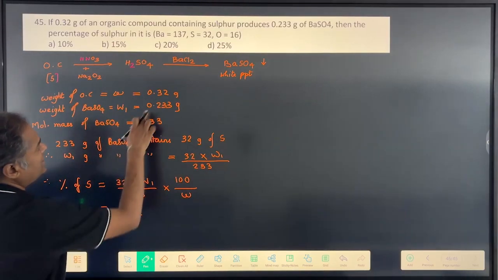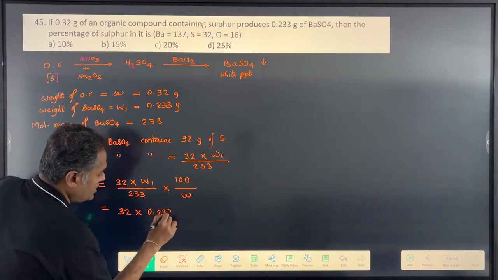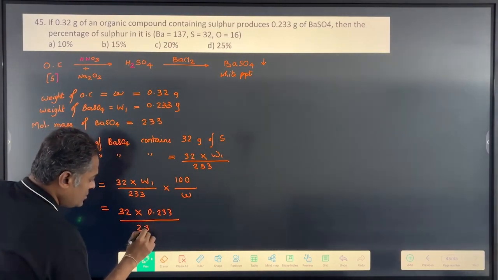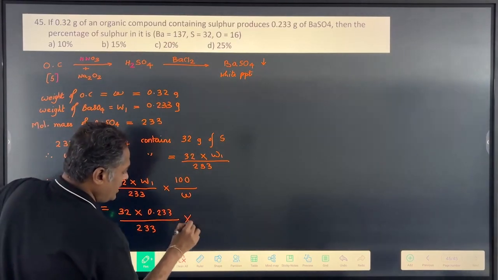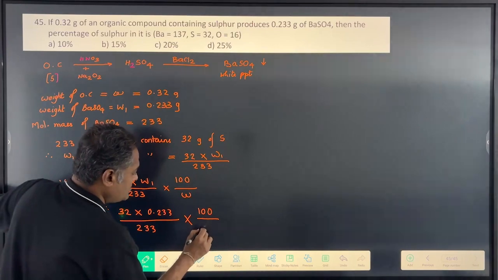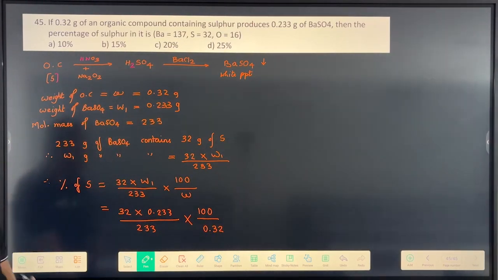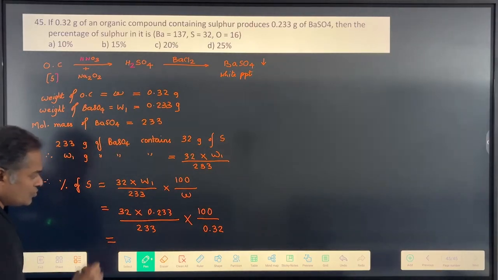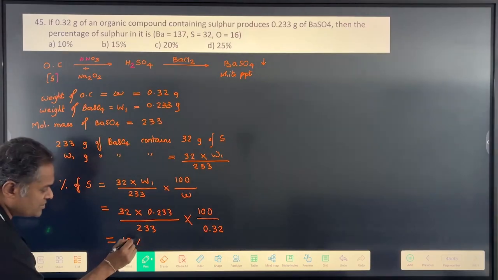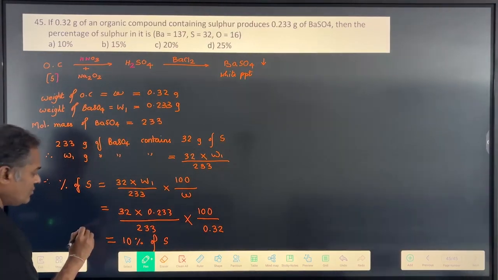W1 is 0.233 upon 233, multiplied by 100, upon W. What is W? It's 0.32. If you calculate all these, it's a very simple calculation, it comes down to 10% of sulfur.